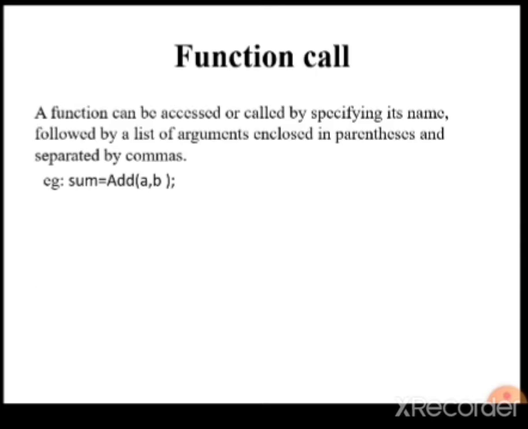Next, function call. A function is called in main, or inside a function definition also. Inside a function definition you can call the function, or you can call the function in main.